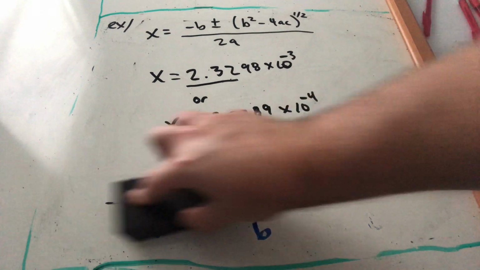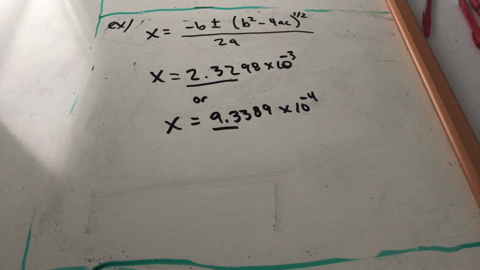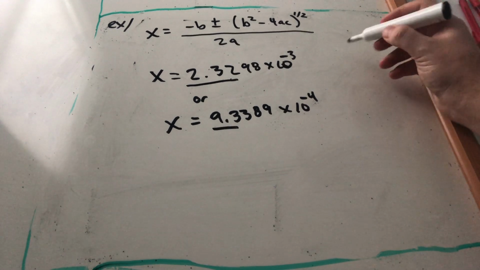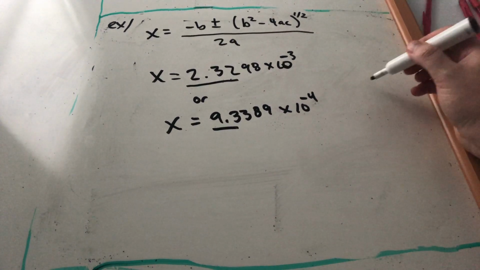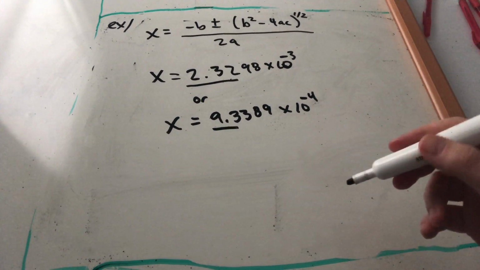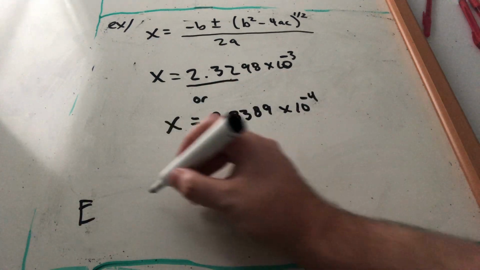Now for our ice table problem, only one of these x's will be valid. Remember that our ice table has concentrations inside it. If you get a negative x here, a negative concentration doesn't make sense, so you get rid of it and you use your positive x. I just want to remind you what our E slot looks like on our ice table. I'm going to write it down here.